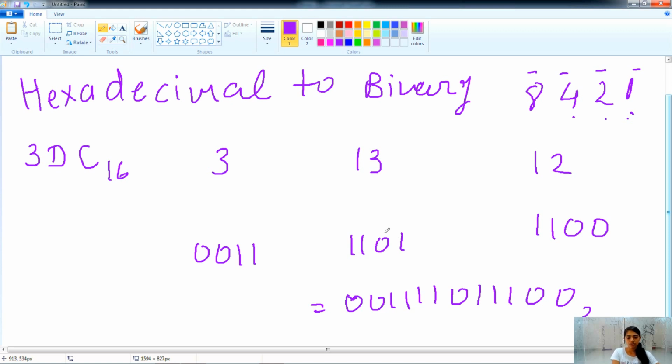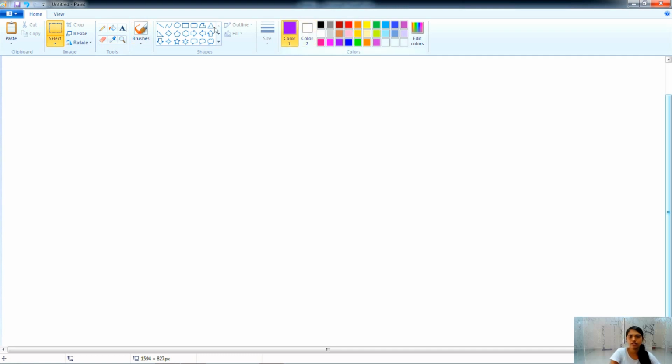The next conversion is from a hexadecimal number to an octal number, or an octal number to a hexadecimal number. For that, let me clean some space. Octal to hexadecimal.